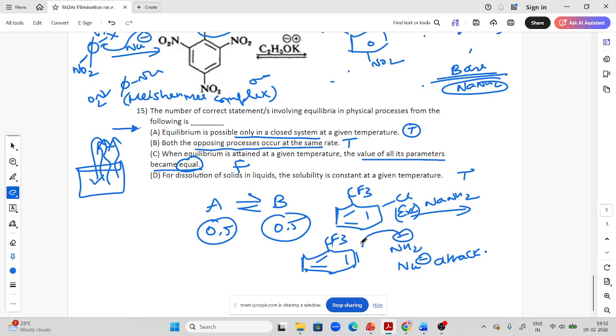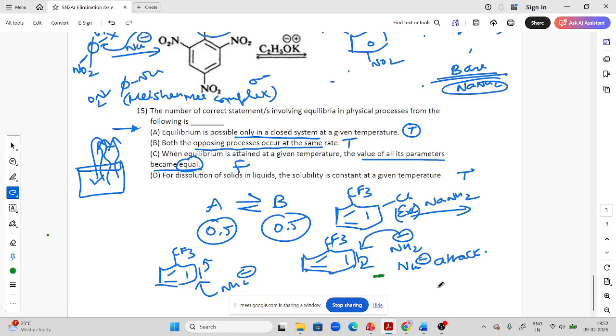Now the question is, would it attack from here so that the bond shifts like this, or would it attack from here so that the bond shifts like this? What is the correct way? I guess the first one, on the left side.